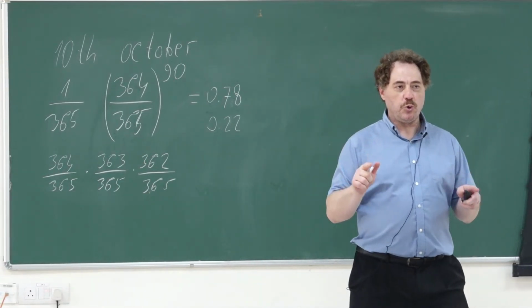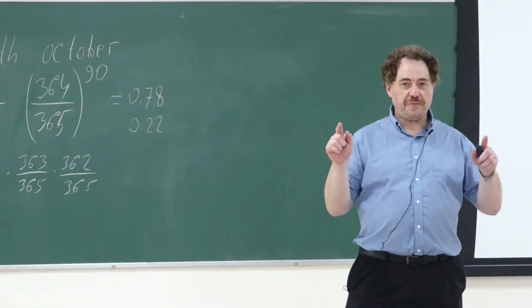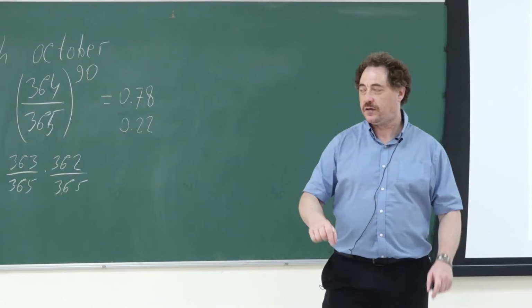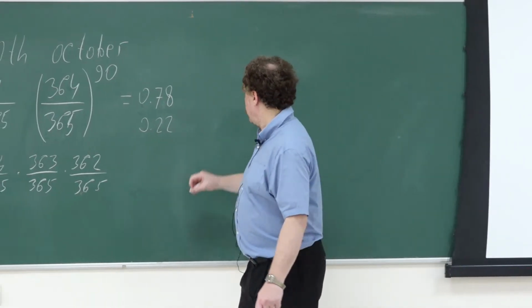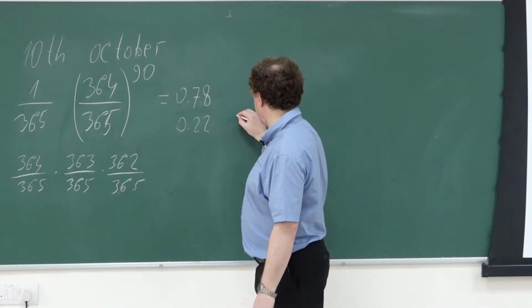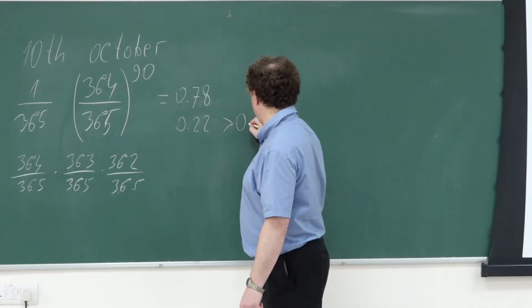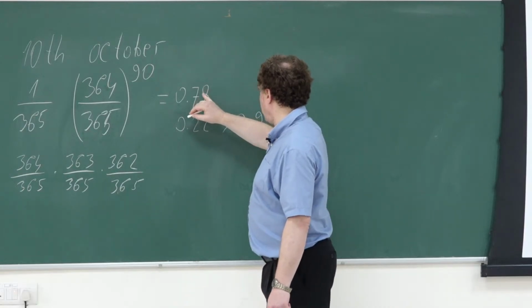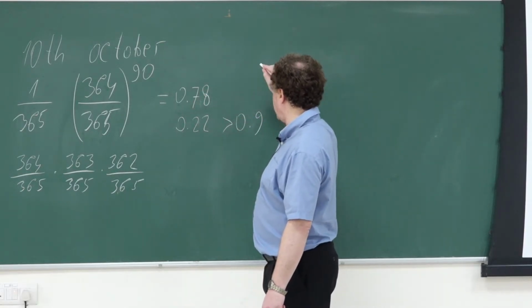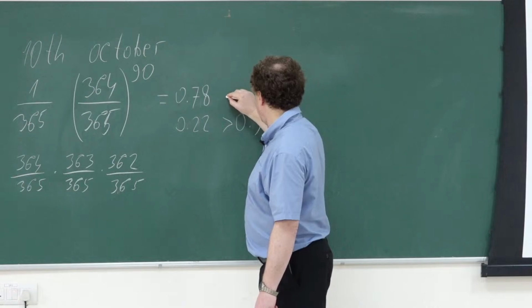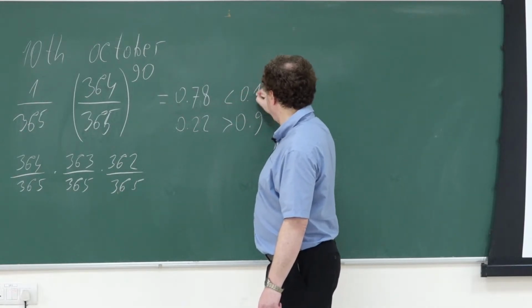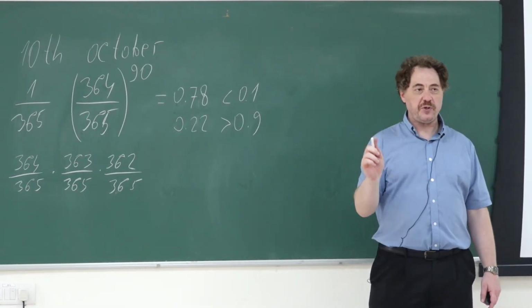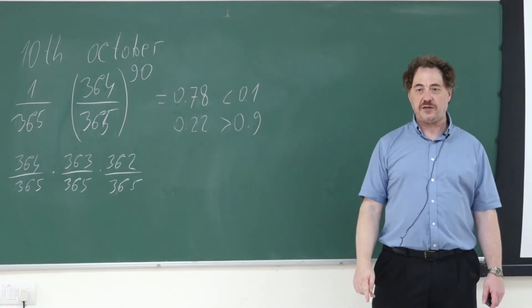For having a pair of people with the same birthday in this room, the probability of a successful attack would be more than 0.9, and the probability of withstanding the attack would be less than 0.1. So with high probability, two of you have a birthday on the same day.